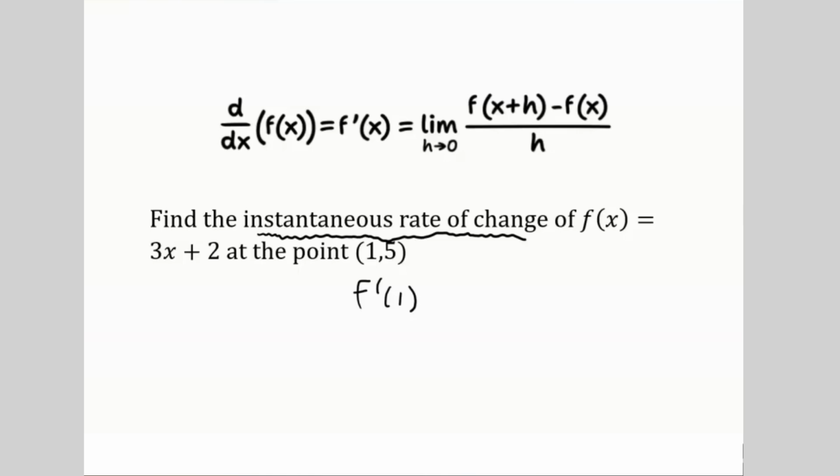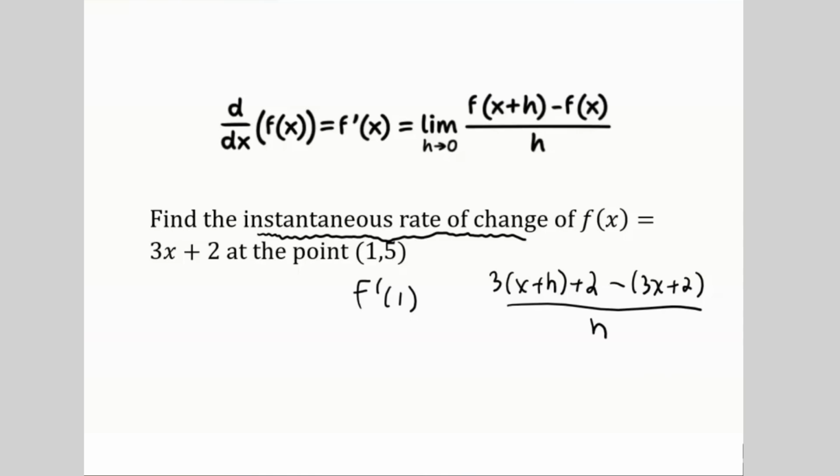Okay, so let's do our difference quotient with the limit process. We have f of x plus h, which in this case would be 3 times the quantity x plus h, plus 2, minus f of x, which is 3x plus 2, all divided by h.